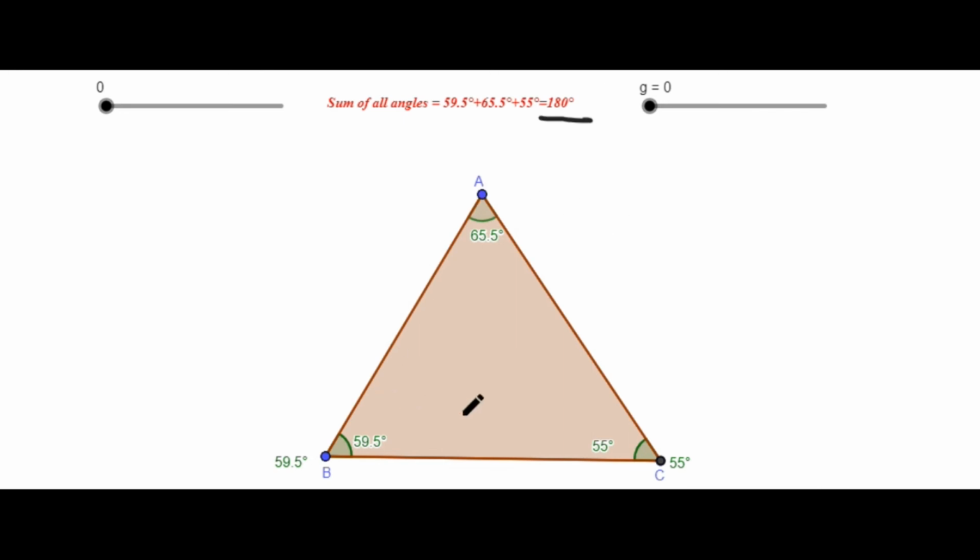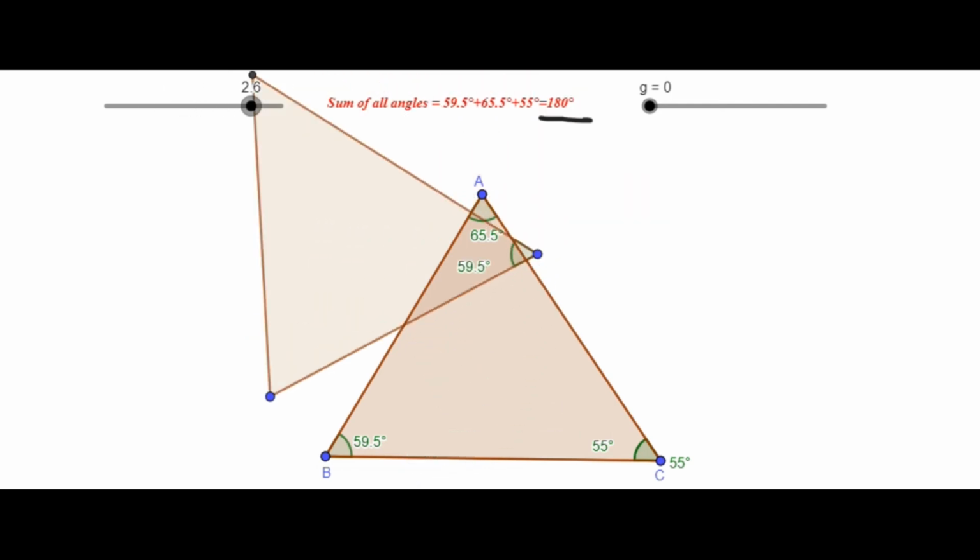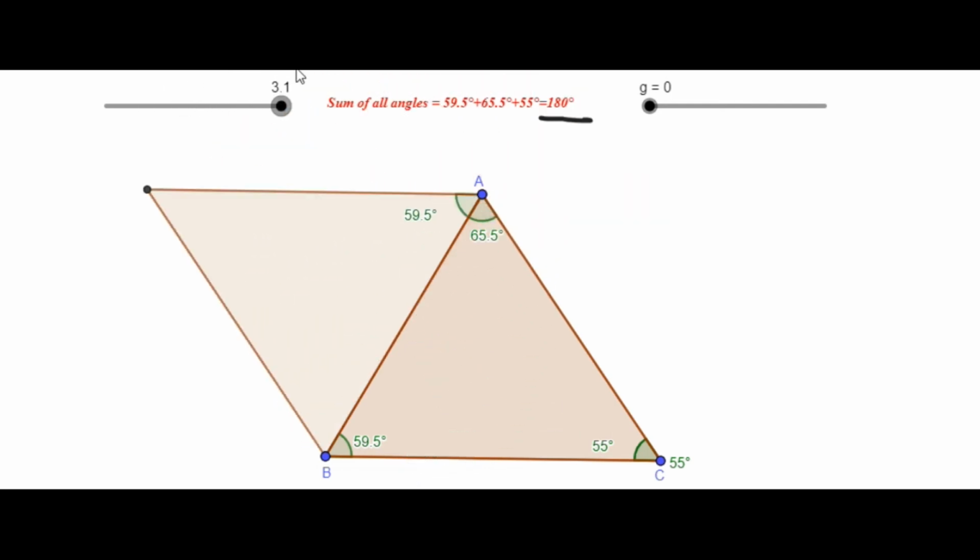Now in this triangle, these three angles add up to 180 degrees, and why they add up to 180 degrees is because if we rotate the triangle in a different manner, just keep looking at angle B here. What happens to angle B if I rotate this triangle is that angle B is going to go right next to angle A. And similarly, I'm going to rotate this triangle one more time, but in the other direction.